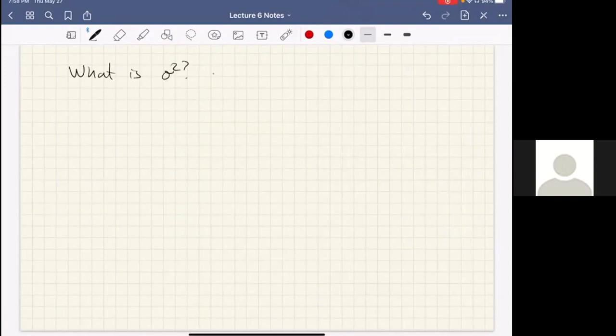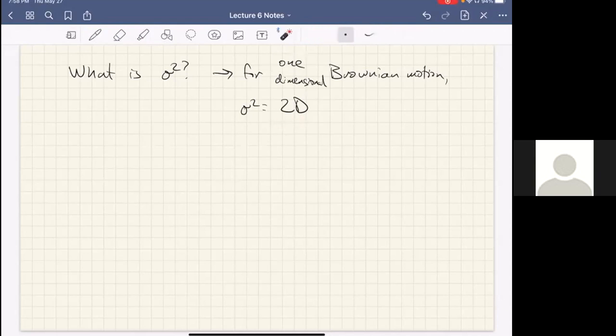For a one-dimensional Brownian motion, sigma squared is equal to 2 times D, where D is the diffusion coefficient.